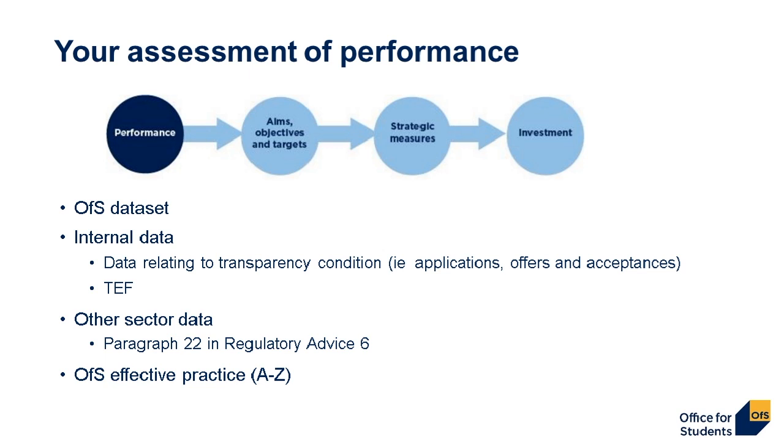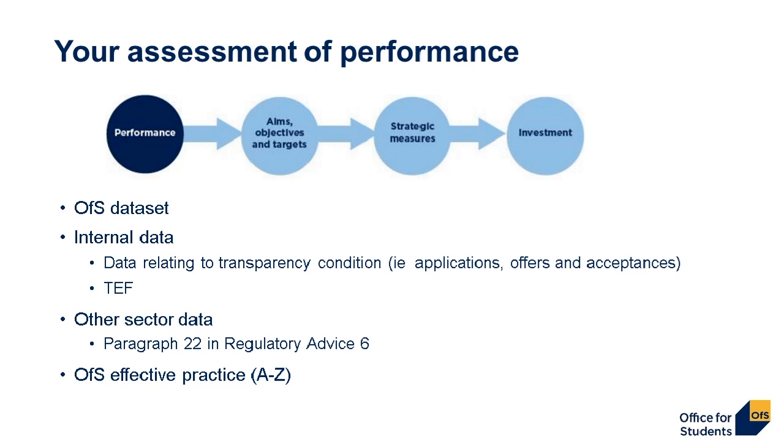So external resources can help to further your understanding and consideration of the barriers to access, success, and progression for different target groups. And they're a particularly good starting point if you have no data of your own or limited data of your own. So the OFS has published an A to Z of effective practice on the website, which provides information on different target groups and different topics.